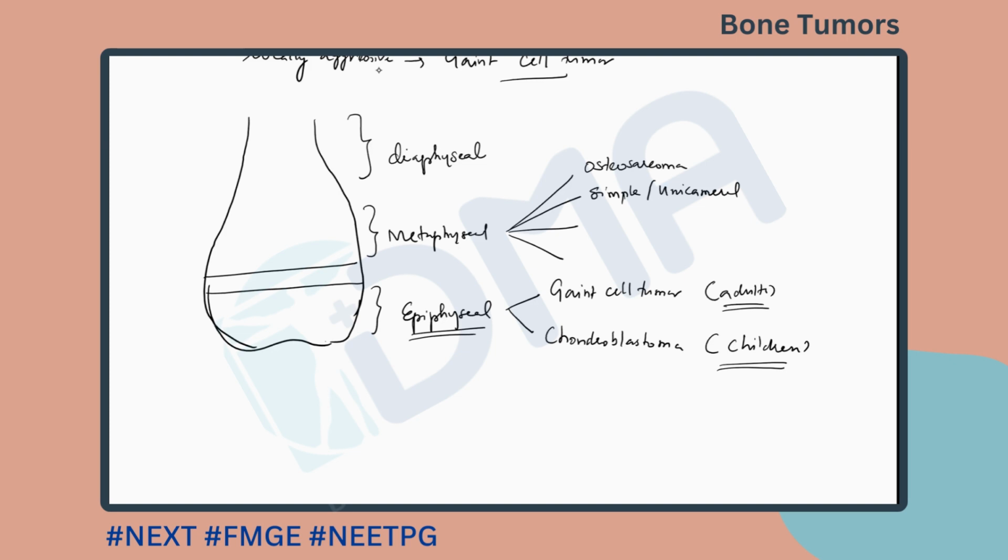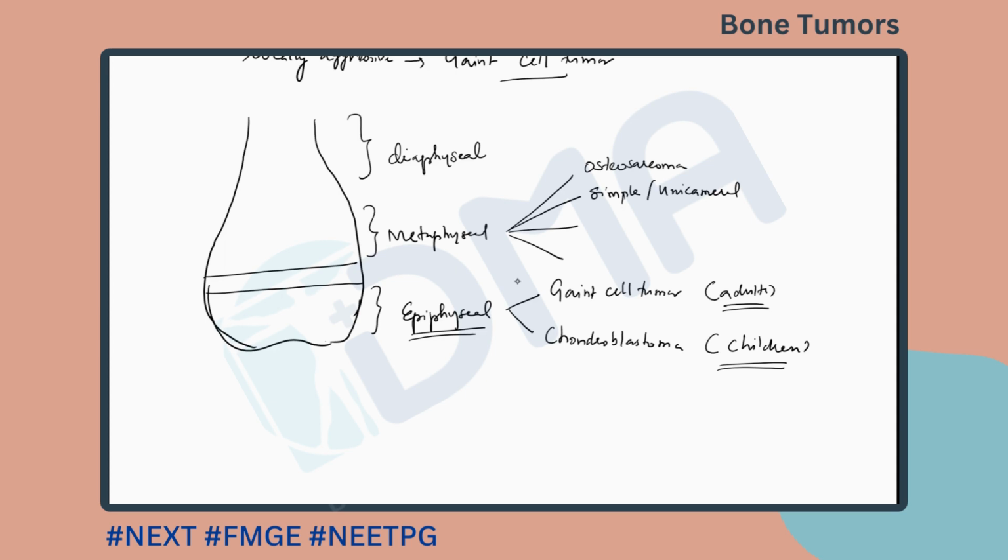Flexion, adduction, and internal rotation. If the patient has anterior dislocation, what is the attitude of the limb? FABER. F stands for flexion, abduction, and external rotation. What is one more condition where we will get FABER attitude? TB, first stage of TB hip we will get.